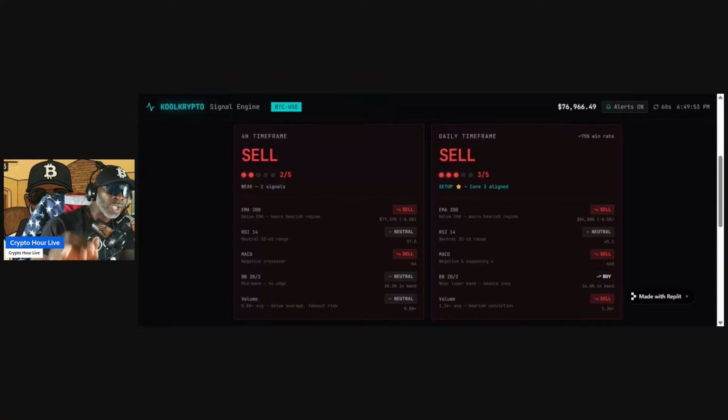So if you use the AI, if you do what I tell you to do and you follow it, and you're trading the daily time frame and you get a flash, you're probably only going to get 8 signals in 1 month. 8, that's it. If you're trading the 4-hour time frame, you get 25. If 4 out of 5 signals flash at the same time, you get 4 times a month.